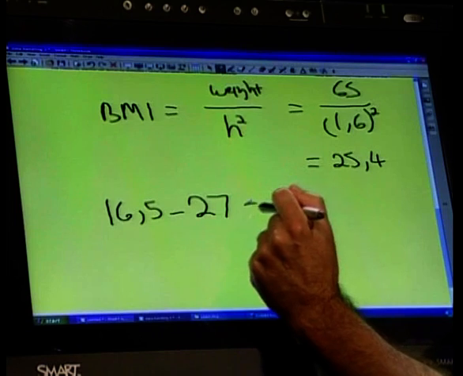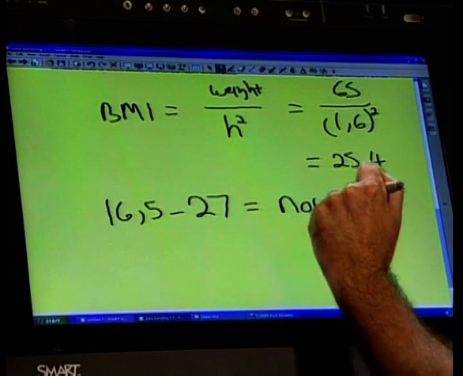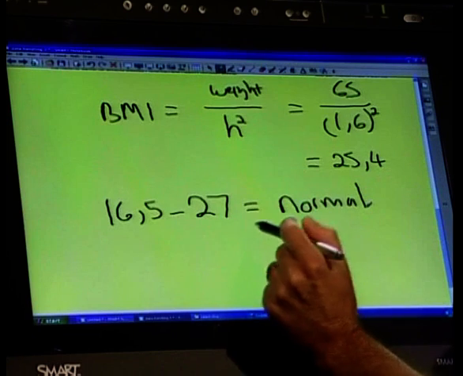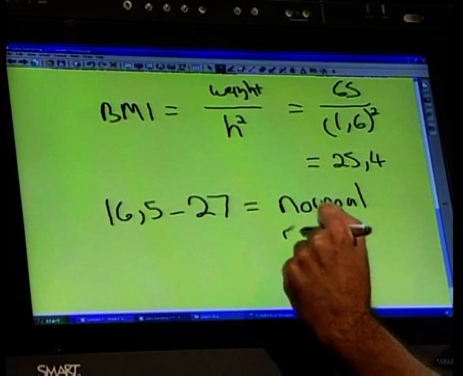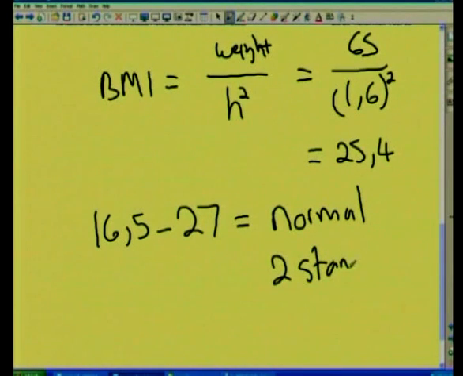What we can say about that range, 16,5 to 27, is that it is the normal range, or the range that falls within 2 standard deviations.